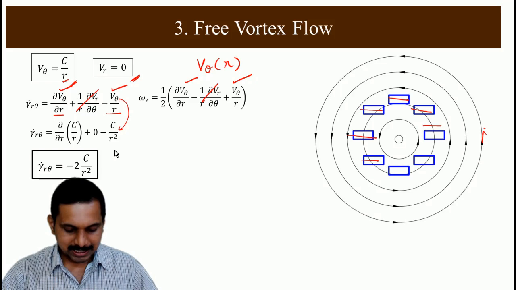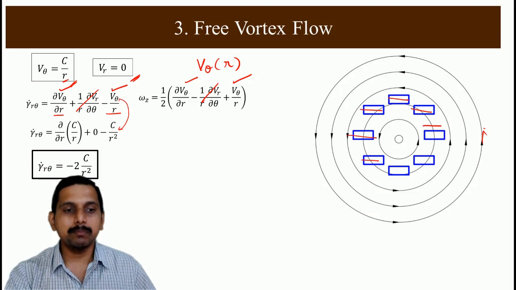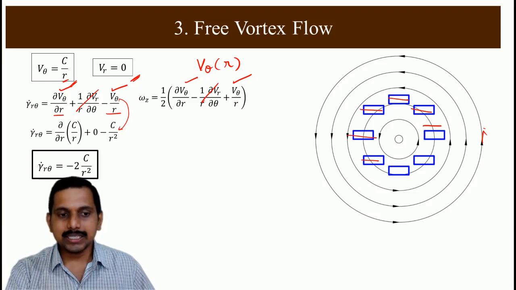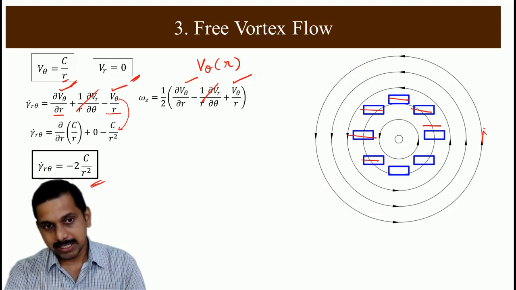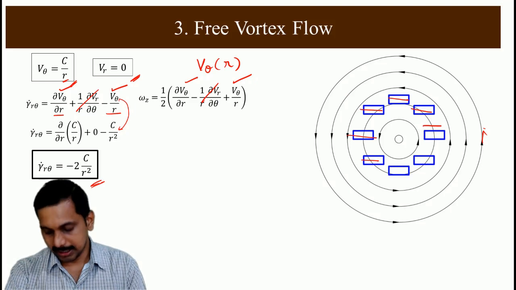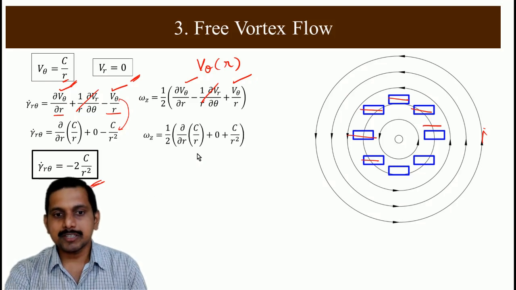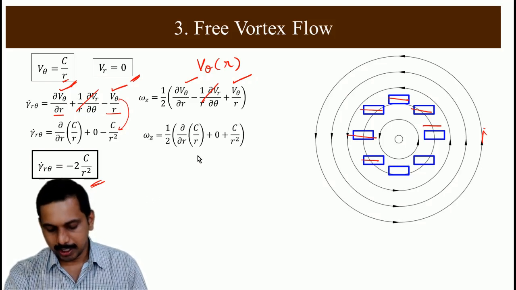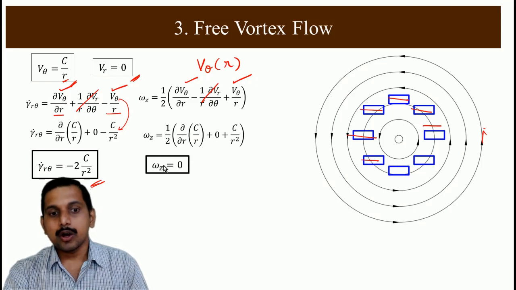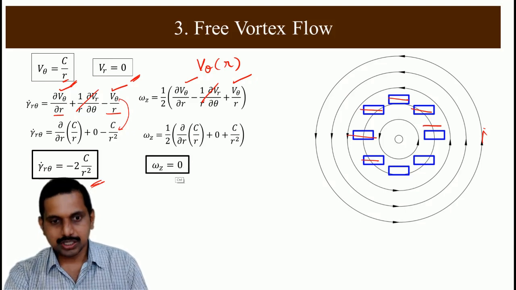This implies that there is shear strain rate. So in this flow there is shear strain. Whereas if we consider the rotation, when we substitute these equations, we can observe that omega z goes to 0. Why?